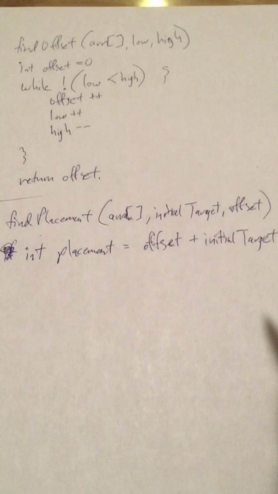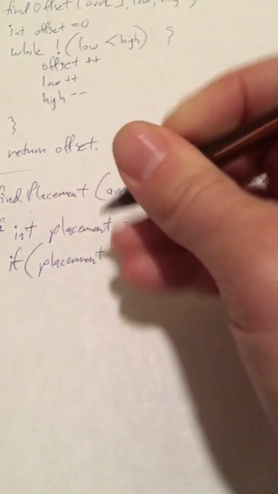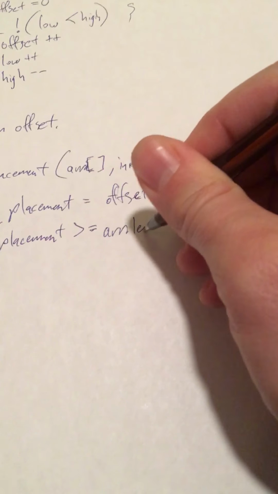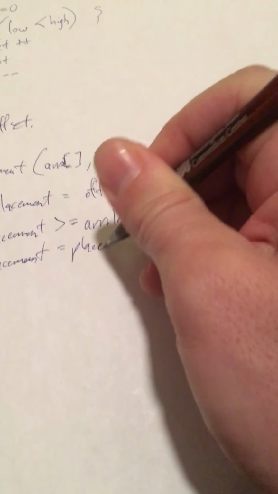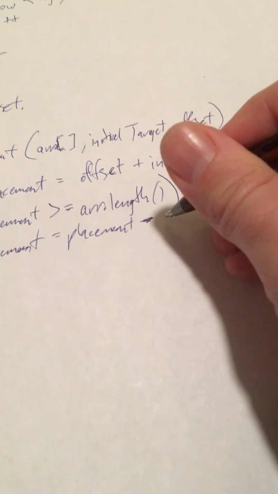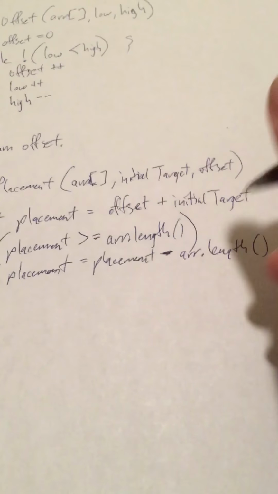Now that's not necessarily final, because if placement is greater than or equal to array dot length, then we're actually going to say placement is now going to become placement minus array dot length.